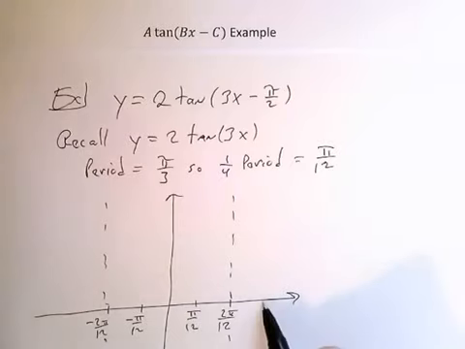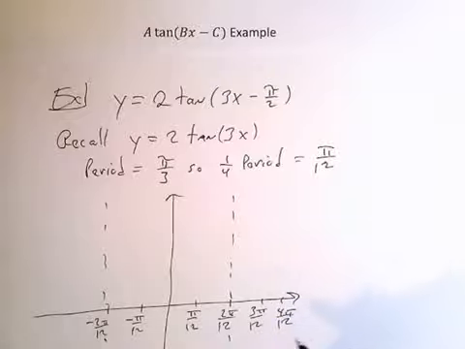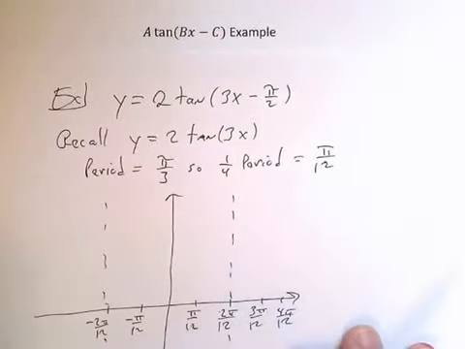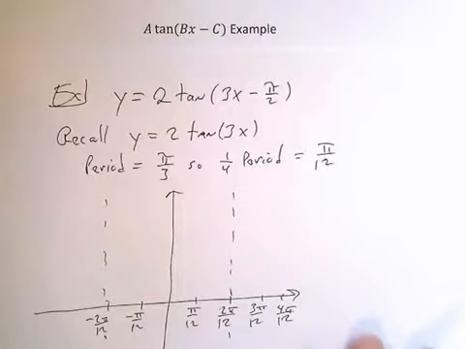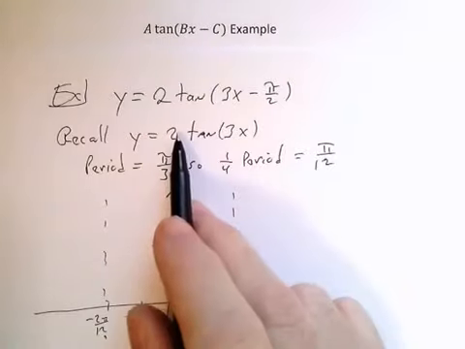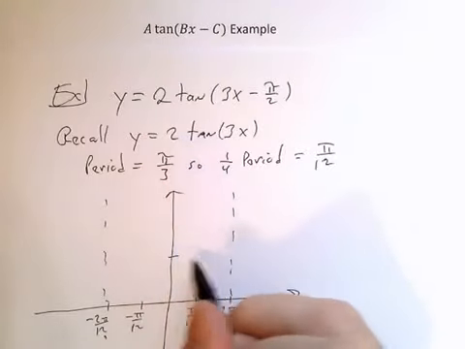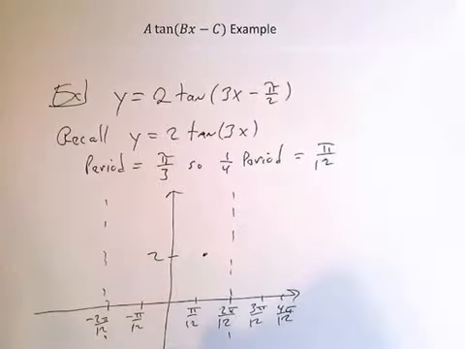And so here might be 3 pi over 12, and maybe here's 4 pi over 12. All of those reduce, right? But for graphing purposes and for the purpose of this example, we'd want to do this. And then how about this 2 here? Remember, up here we're going to be at 2, and down here we're going to be at negative 2. Right, so we've done all this before.